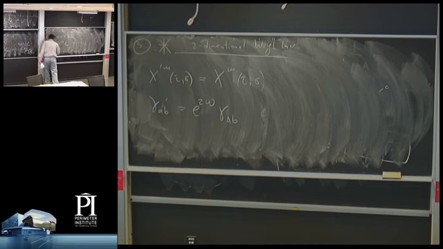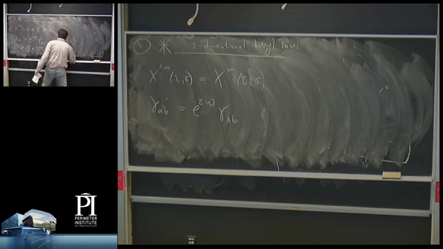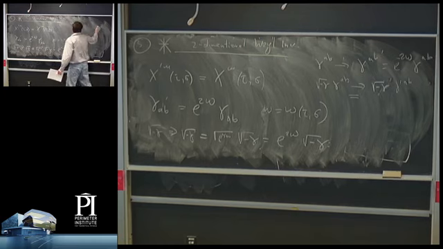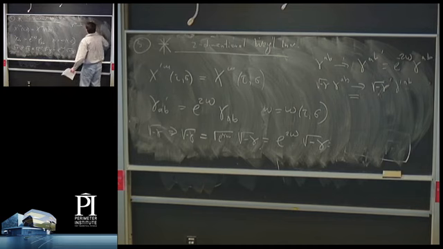The reason is that the square root of minus gamma will go into the square root of minus gamma prime, which gives e to the 4 omega under the square root, so it will be equal to e to the 2 omega times the square root of minus gamma. But then notice that I have gamma AB with upper indices, so it will go to gamma AB prime, which is e to the minus 2 omega times gamma AB without prime.